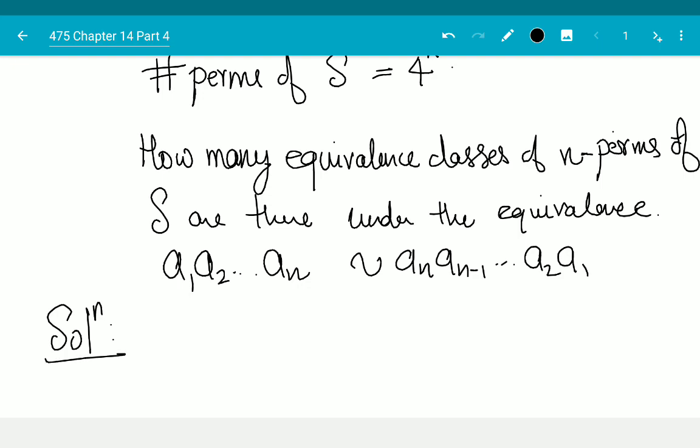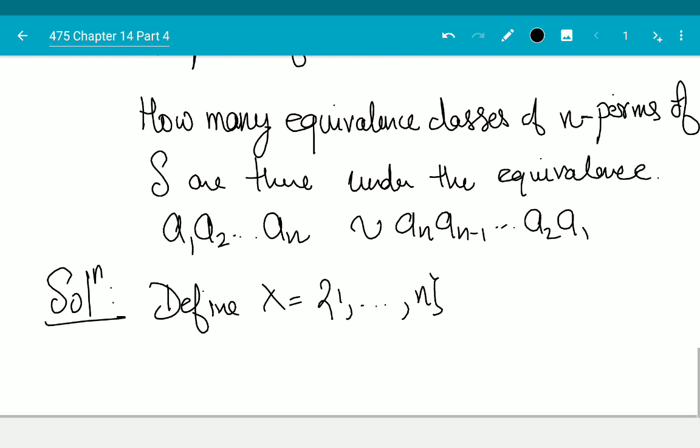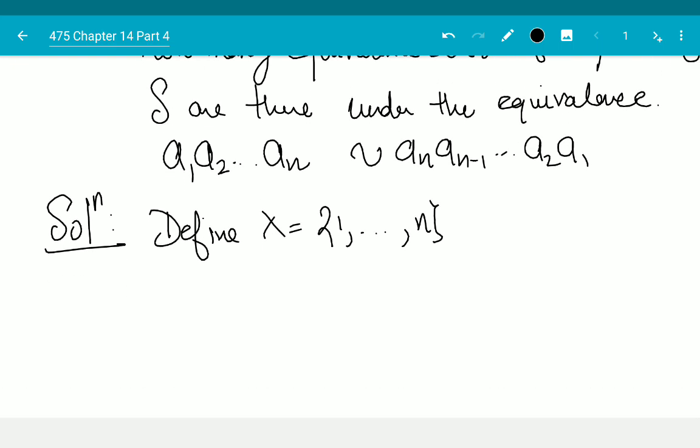Solution. Well, define X equal to 1 to n. There are n elements in my group, and I'm going to call them 1 to n. View A, B, C, D as colors, because that's what I'm looking at.